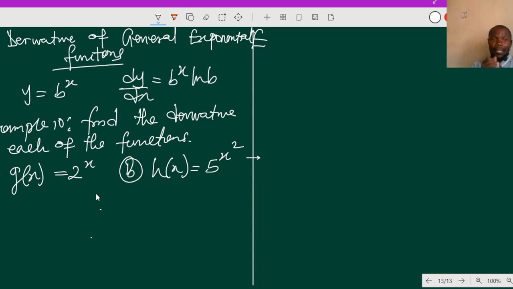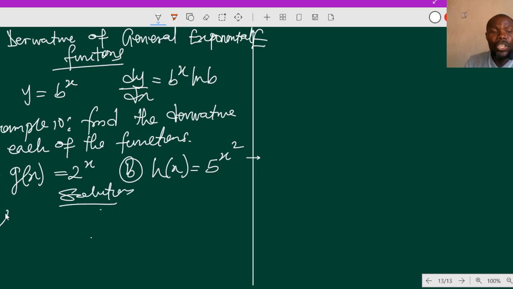In solving this, if y is equal to b raised to power x, then dy/dx will give you b raised to power x ln b. But in calculus, sometimes we call it a^x ln a. So now let's solve this example. You don't need to waste your time. Just apply the formula and solve it. Let's see the solution.